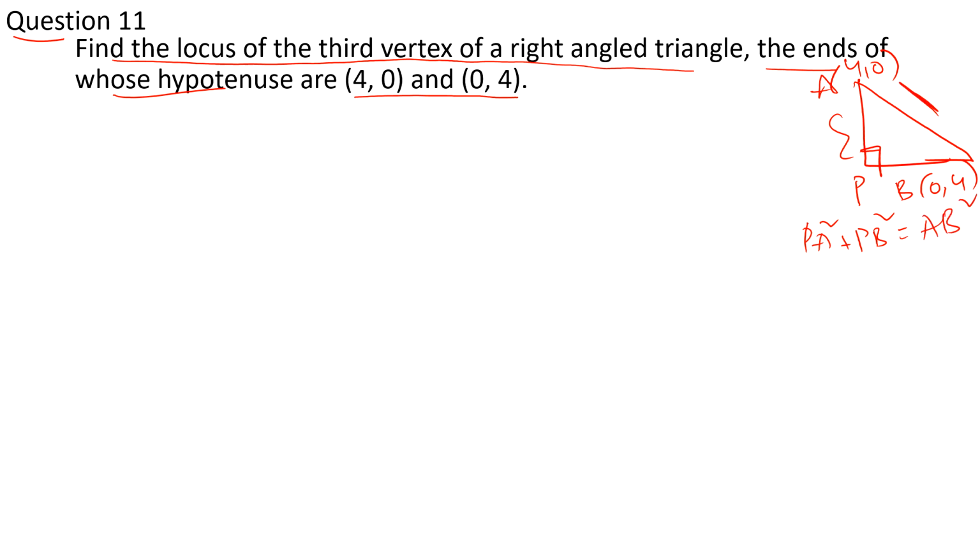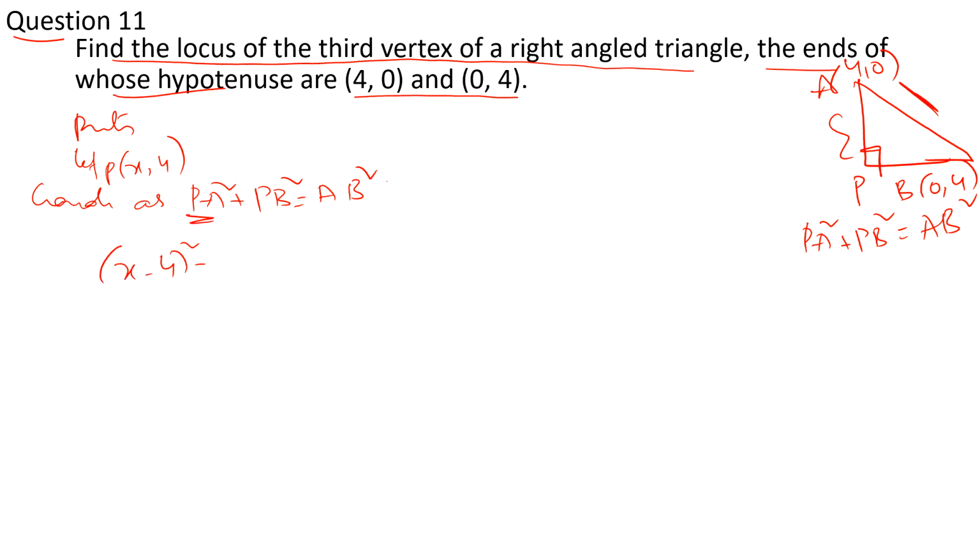So take the point P(x, y), and the condition is PA square plus PB square is equals to AB square. Take the distance between P and A, which means (x minus x2) whole square plus (y minus y2) whole square, plus PB with the B point.